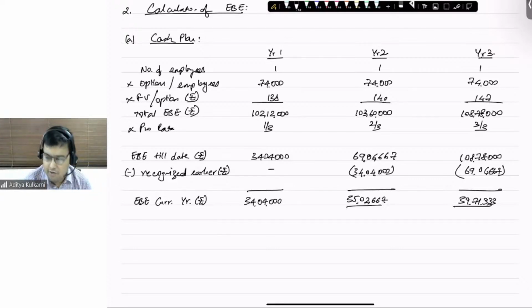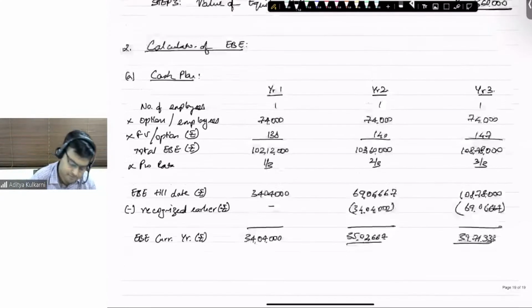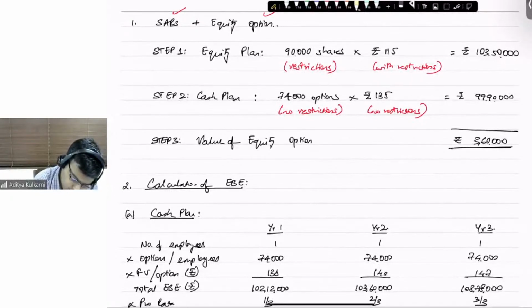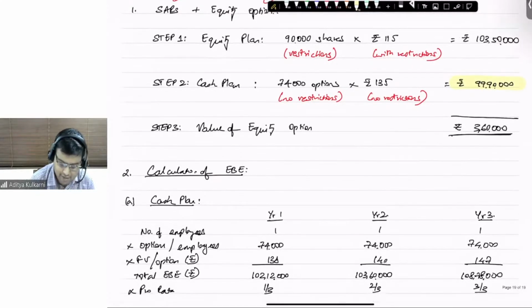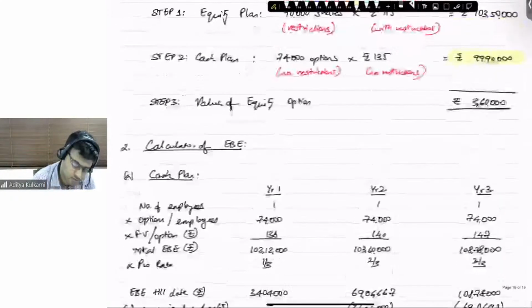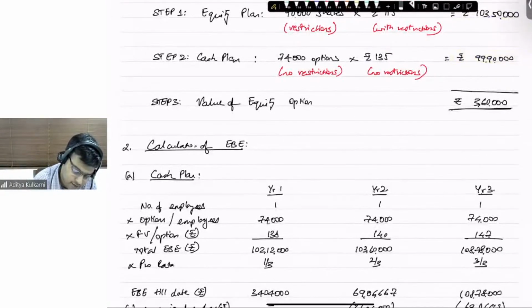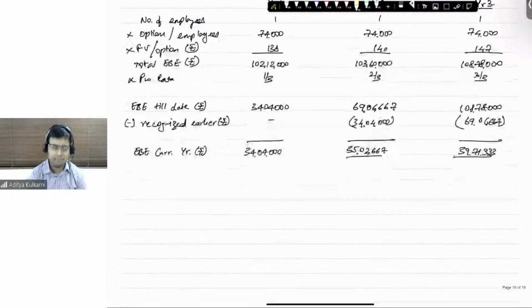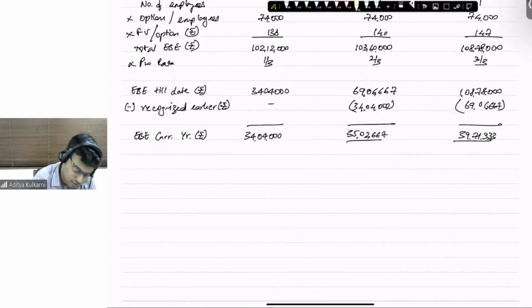Have you understood the first part? Yes. Have you guys understood the first part? We have valued this now. We have taken this into consideration now. Okay. Or instead of that, I should be telling cash plan. Cash plan. Have you understood?